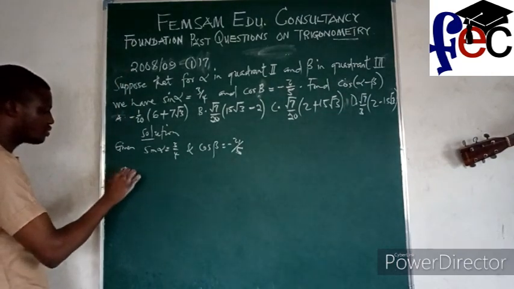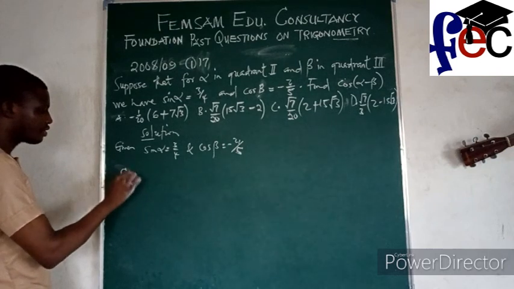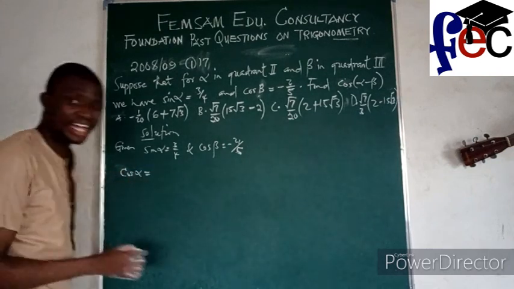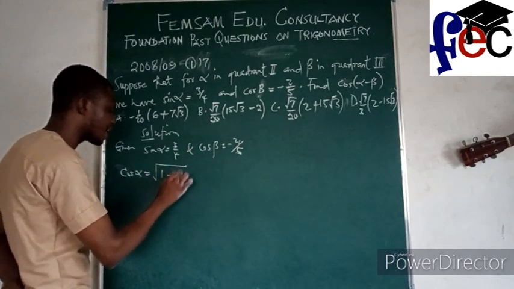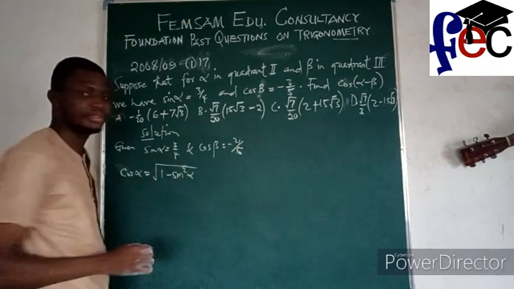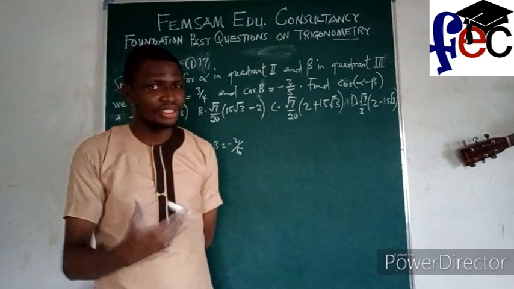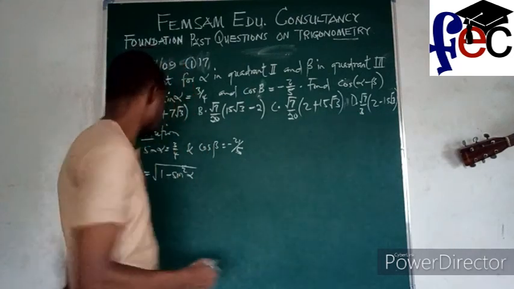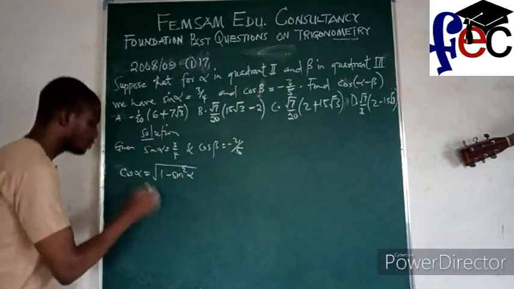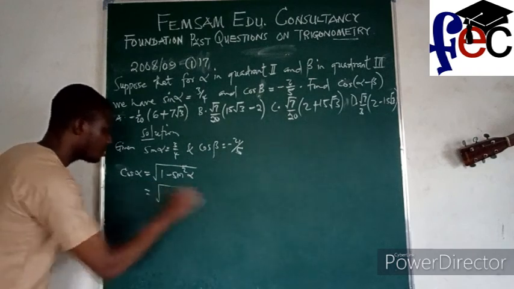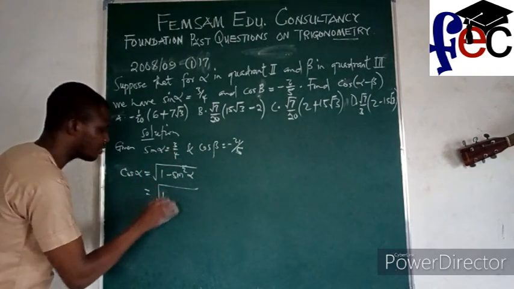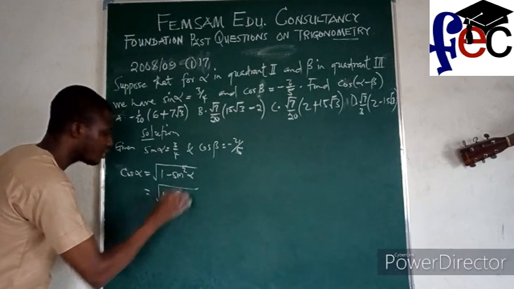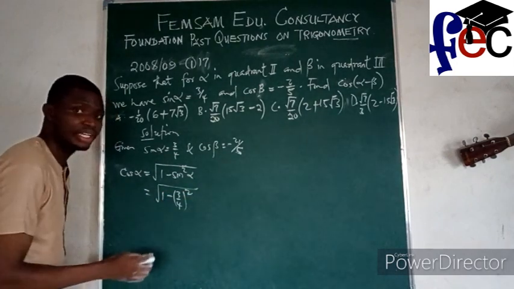So what is going to be my cos alpha? Cos alpha is going to be the square root of 1 minus sine square alpha. You have to be very fast. So I'll have the square root of 1 minus sine square. What is sine alpha? Sine alpha is 3 over 4, so that's 3 over 4 all squared.